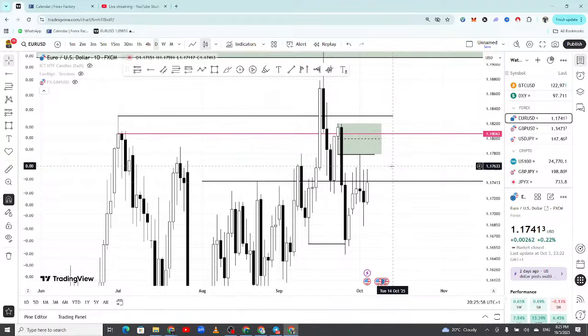It's still very possible, and I would really love to see it happen. Okay, but based on what we are seeing right now, there's a likelihood that we're going to start this week with price pushing to the upside.